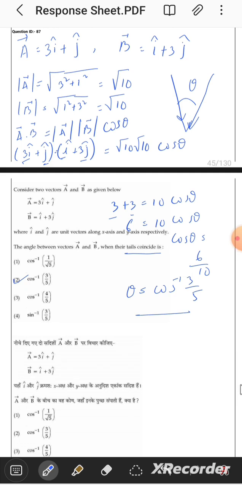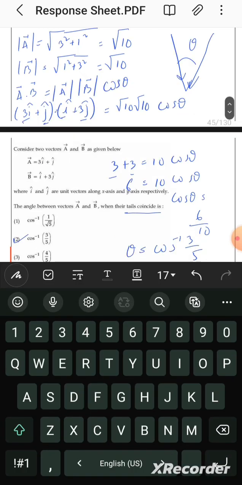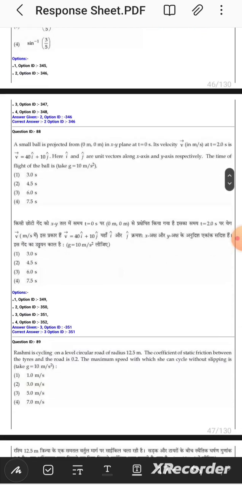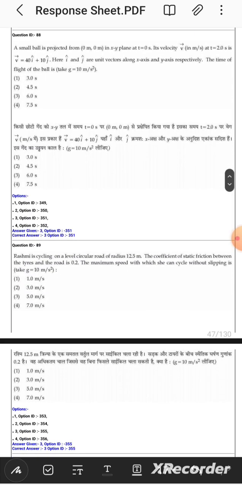Going to the next question. A small ball is projected from 0 meter, given in the concept of two dimension plane.